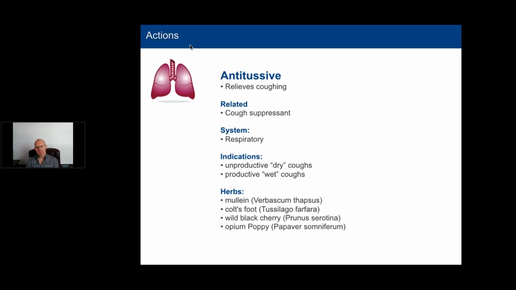Herbs like mullein and coltsfoot are generally used for dry coughs, but they can be used for wet coughs as well. Wild black cherry bark is a cough suppressant. So if it's a cough suppressant, it'll also be an antitussive. The opium poppy, which we don't use anymore herbally because of all the addictive properties to it, historically was used as a cough suppressant because of the opiates.